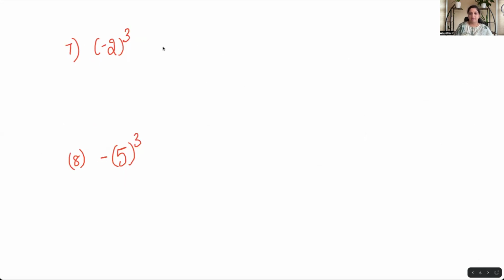In the next example, it is minus 2 to the power of 3. So you have to write minus 2 three times. Okay, so minus 2 times minus 2 is positive 4, and times minus 2. But here, how many negative signs do we have? 1, 2, and 3.